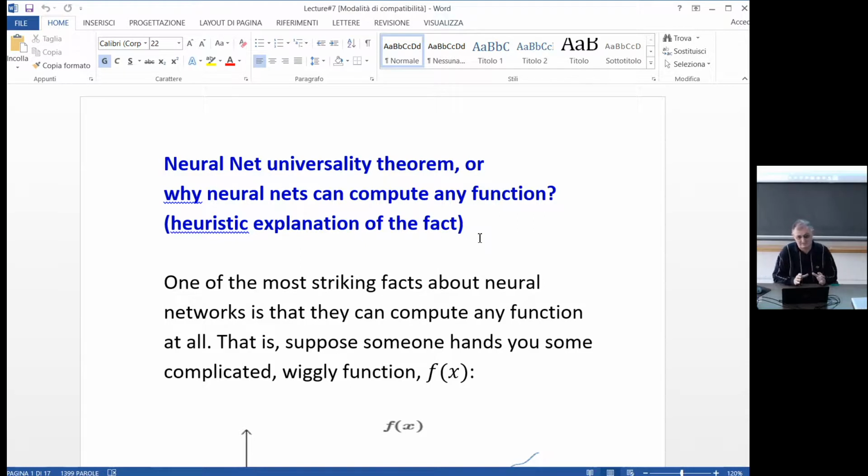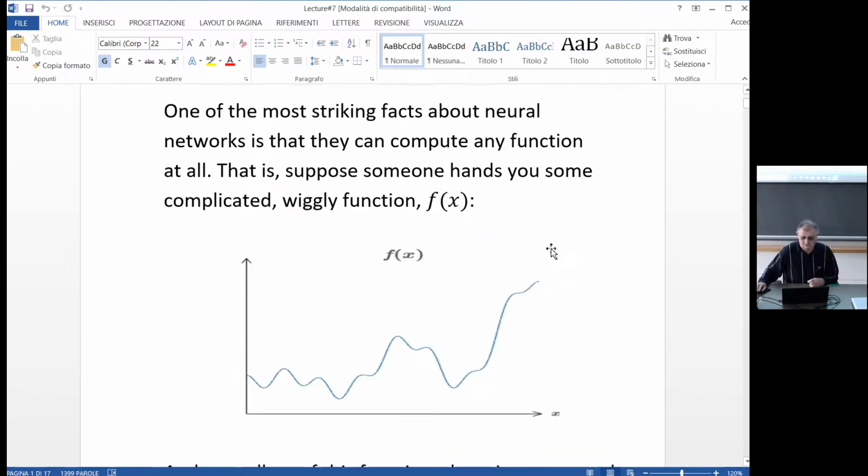For us, the important detail is how it is possible to construct some neural net which can do the task of calculating any function.